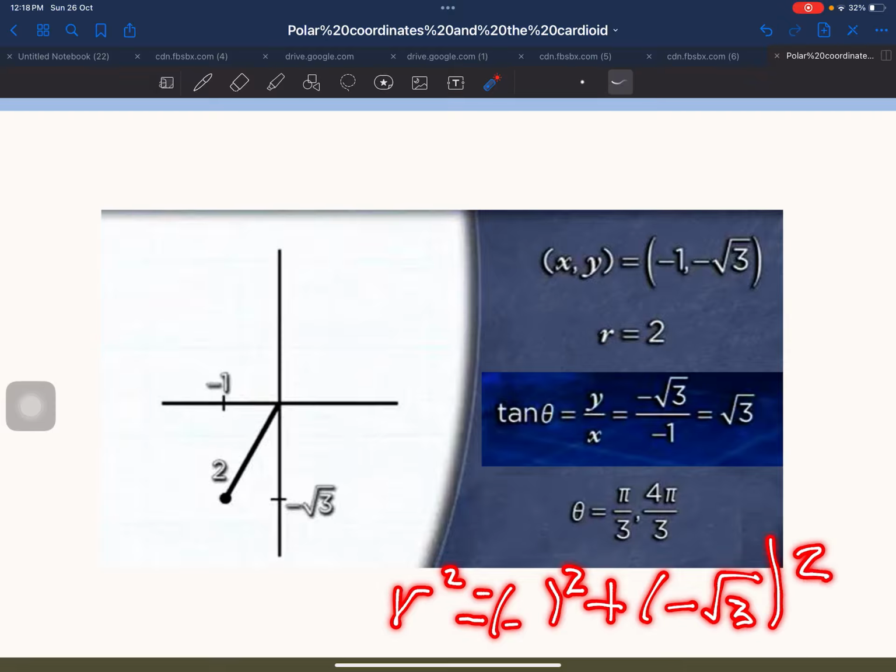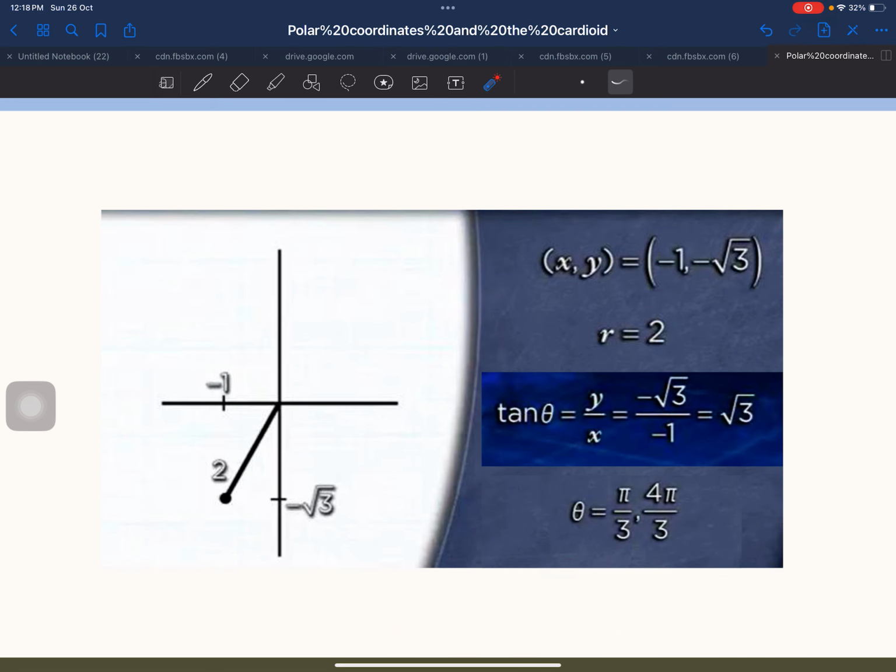When simplified, this is equal to the square root of 4, because 1 plus 3 is 4, and the square root of 4 is 2. So r can be 2.